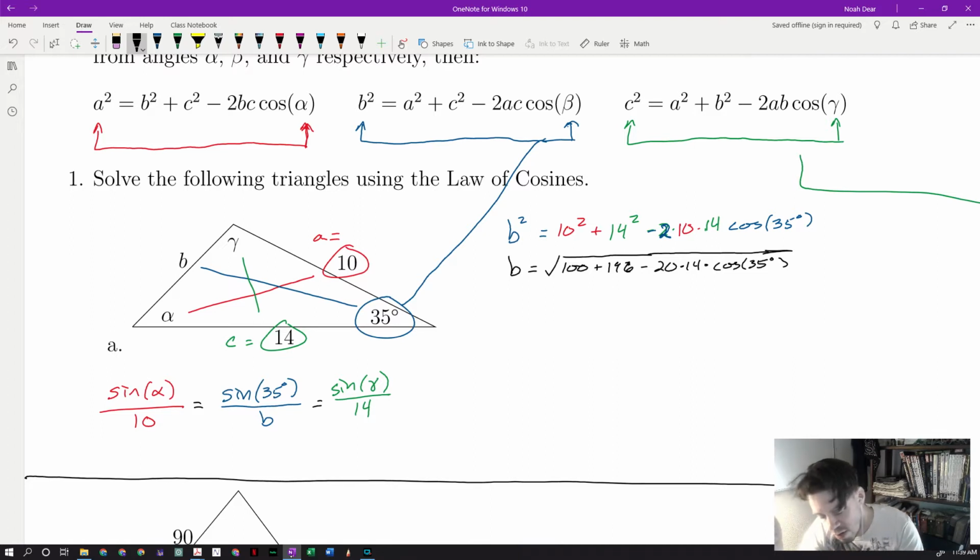It's okay, I'm just going to take all of this and plug it into the calculator. And I've already done that ahead of time. So this is going to be 8.16 approximately. Cool. So now I've got side length b.